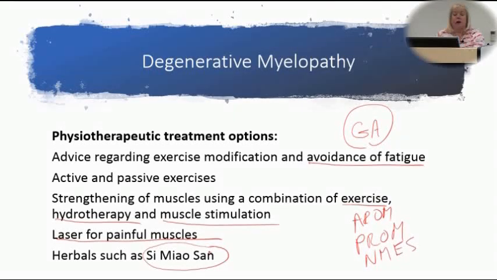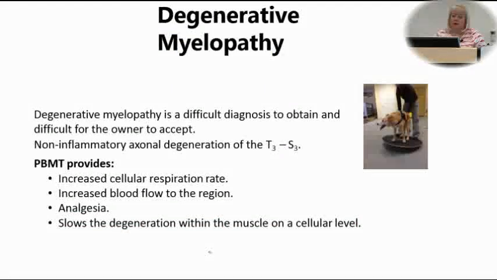This is a difficult diagnosis to obtain and difficult for the owner to accept because although we do have a genetic test for this, even if the dog is positive, you can't say it is that for 100%, and most of the time the owners don't really want to think about that. And because it's a non-inflammatory axonal degeneration, and it's not painful, that makes it very difficult for the owners to look at the pet that they love and realize it has a horrible degenerative issue.